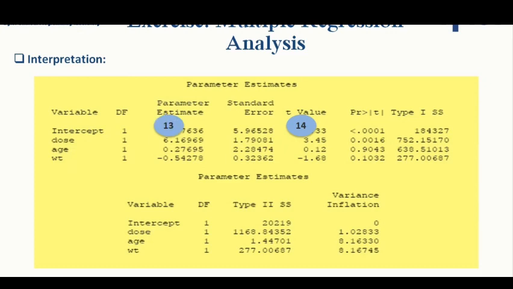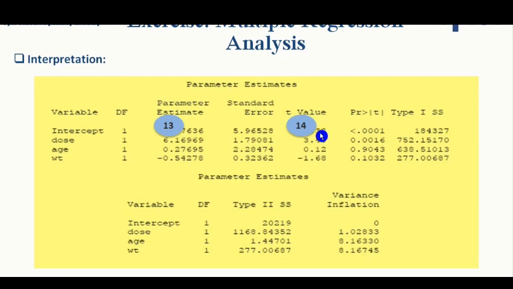What are these B1, x1, etc.? The first value is the value of the intercept, the second value is the coefficient of dose, the third is the coefficient of age, and the fourth is the coefficient of weight. So you can literally write the equation as y equal to this intercept plus 6.16 times dose plus 0.276 times age minus 0.42 times weight. That's the model that we are talking about.